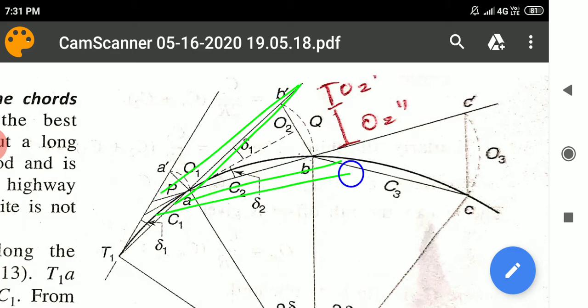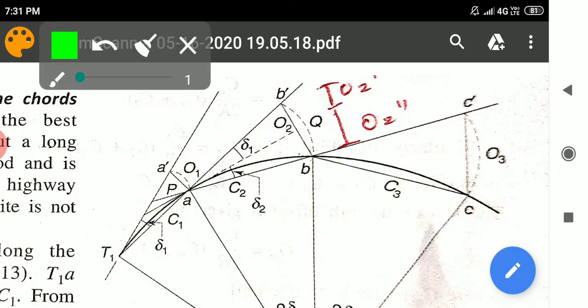This length and this length are equal. So that is nothing but this total O2. This is point Q, so QB dash plus QB. See here, this is the midpoint, QB dash plus QB.